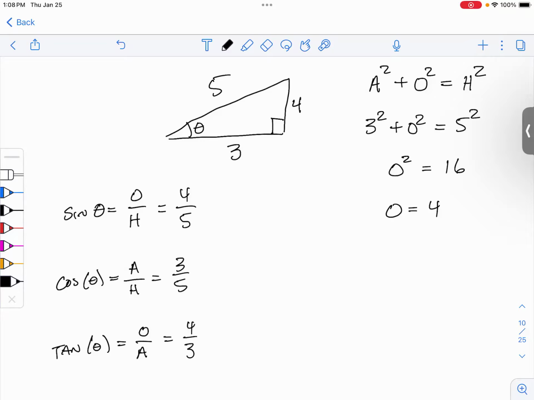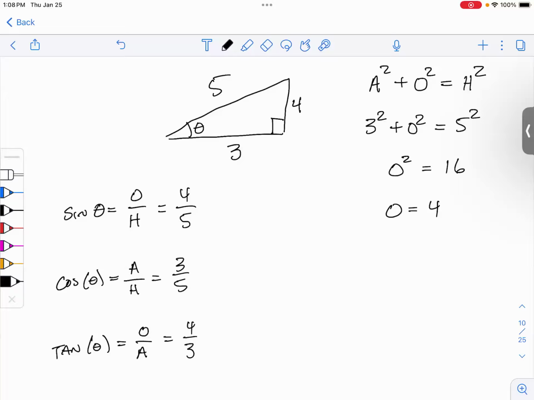Now, be aware that I can also then reverse engineer this to find the actual angle theta. That's not what we're doing at the moment. This is the sine of theta equals 4/5. And that's a much better number than if I do the inverse function of sine, I could actually find what that angle is. And we will come a time when we're doing that, not what we're doing at the moment.